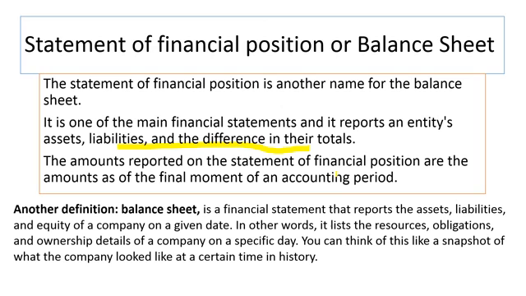Okay, I've done two definitions for you here for the balance sheet to make sure that you fully understand this, to get that A star that you really deserve. Okay, so balance sheet is a financial statement that reports the assets, liabilities, and equity of a company on a given date.